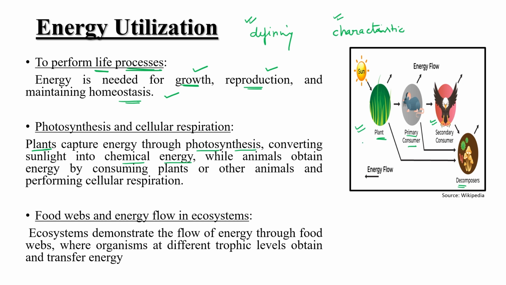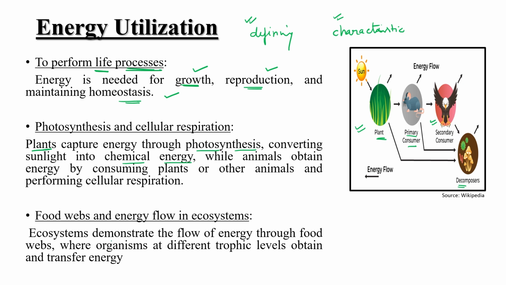Just now we have discussed this, right? So animals obtain this energy by consuming plants or other animals and perform their cellular respiration. So this is how a kind of food web or energy flow occurs in our ecosystem, from one level to the next higher level, like this.